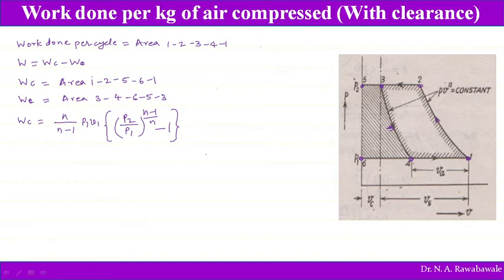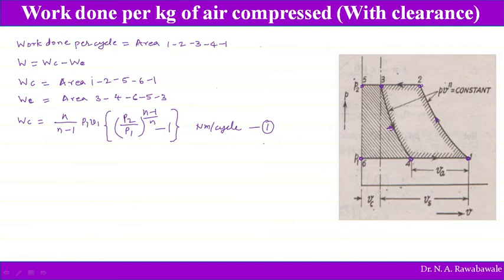So this is the work done which we have calculated in previous lecture. This is in Newton meter per cycle. So this is equation number 1, which we have calculated in previous lecture.